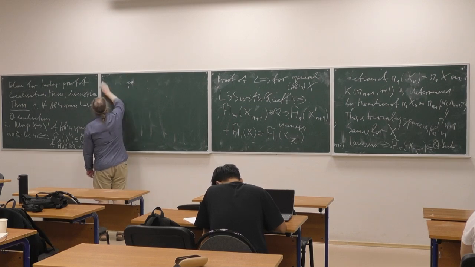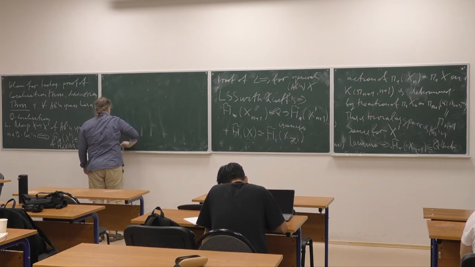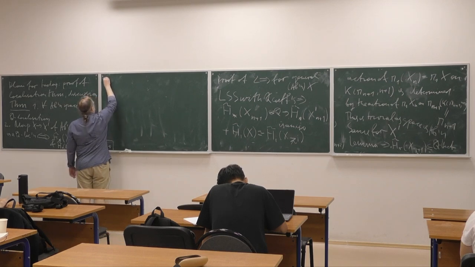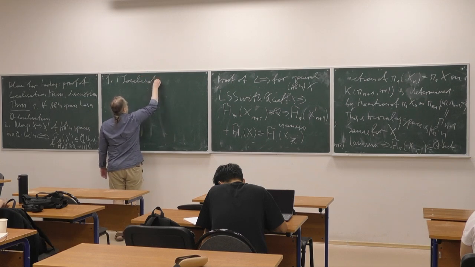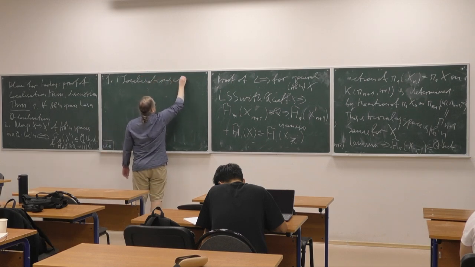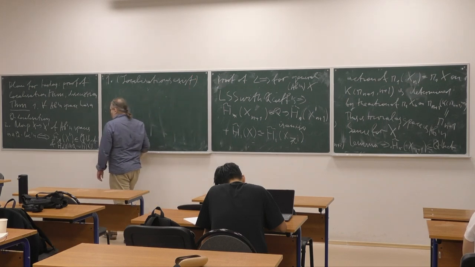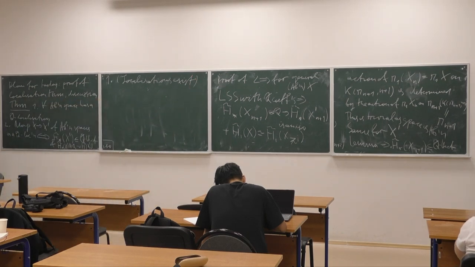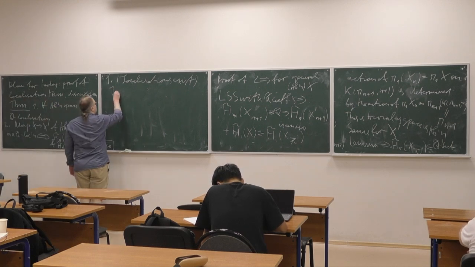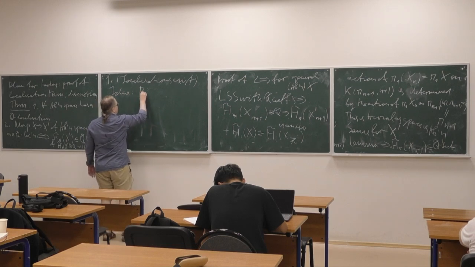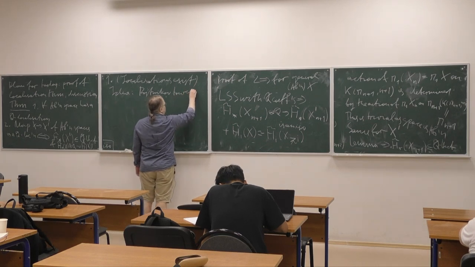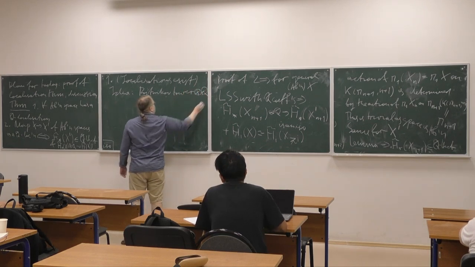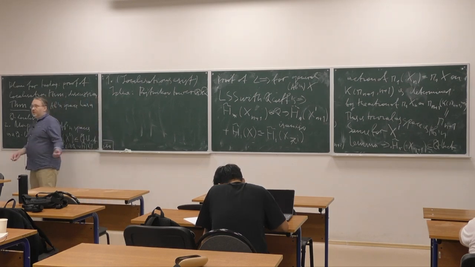And the idea is to tensor the Postnikov tower by Q. But how to make it precise?